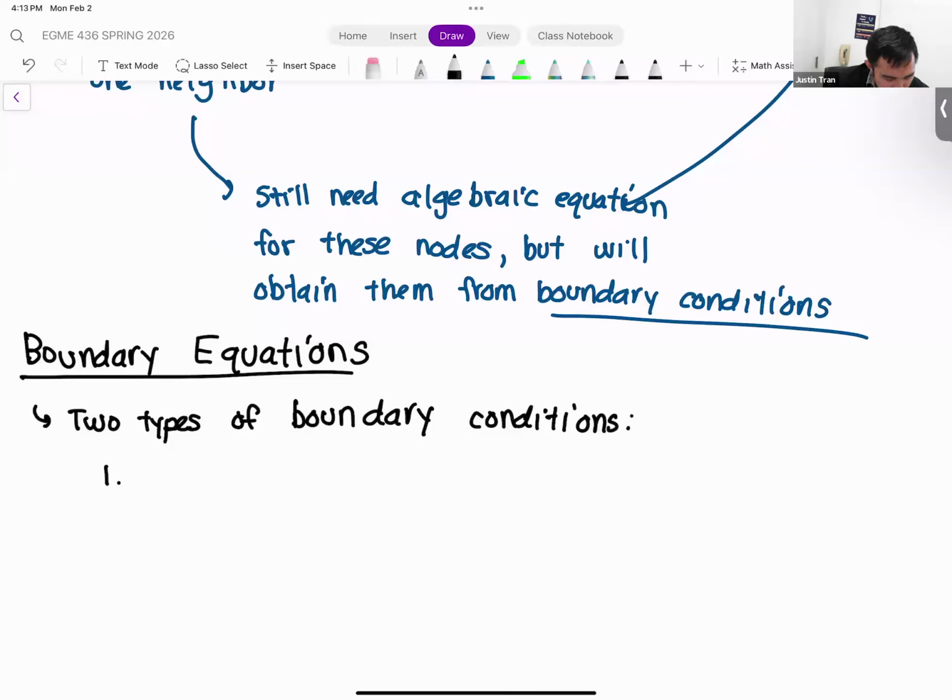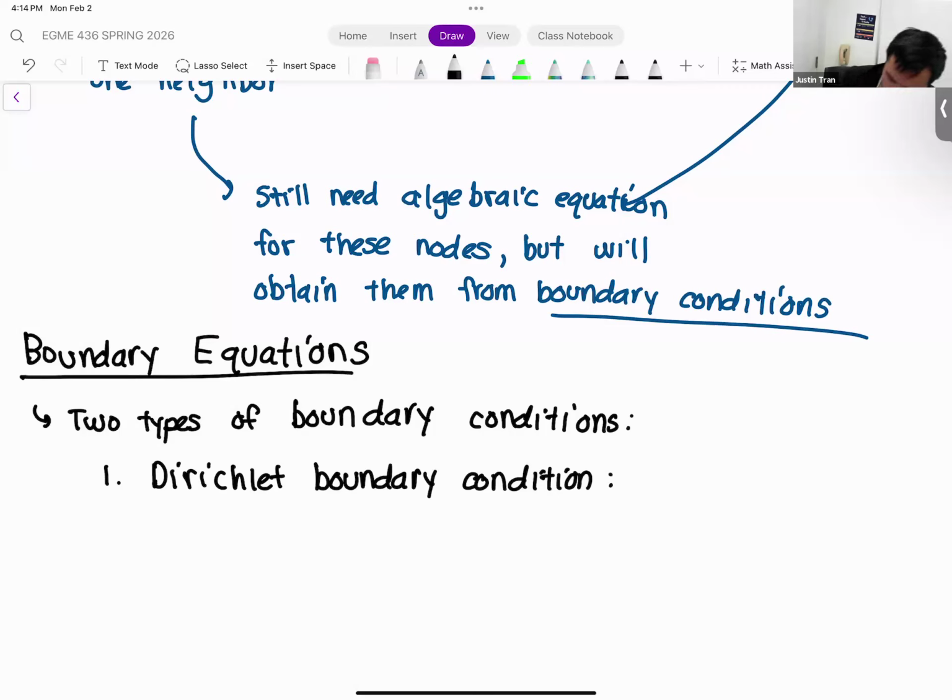The first type of boundary condition is known as a Dirichlet boundary condition. In a Dirichlet boundary condition, we directly specify the value of the solution at the boundary.